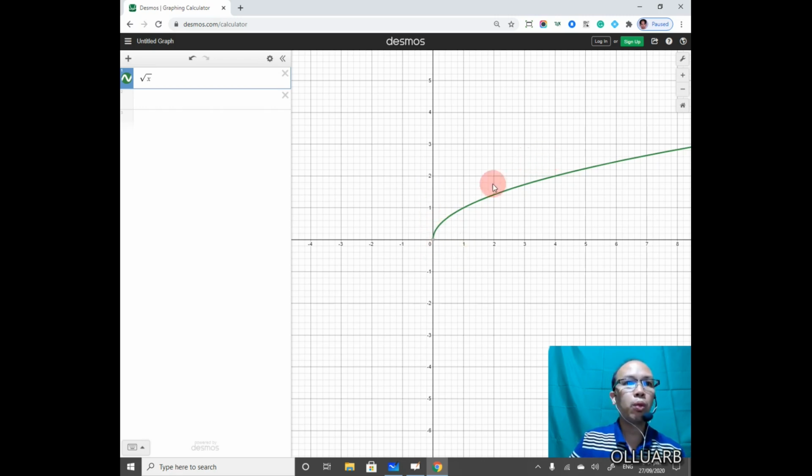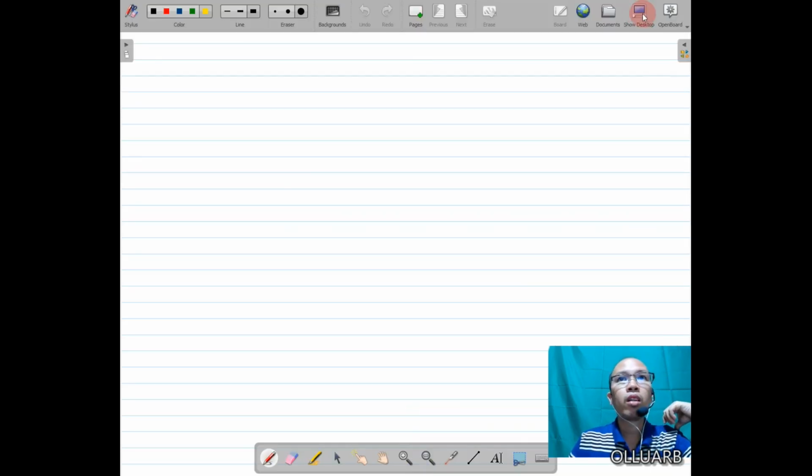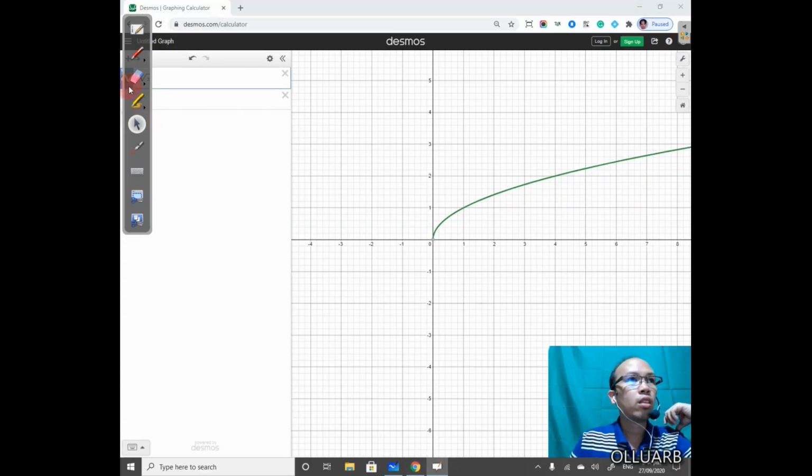So why is that? Since you graph the equation y is equal to square root of x on the Desmos graphing calculator, as I've said before, the range is from this one. This is your range.